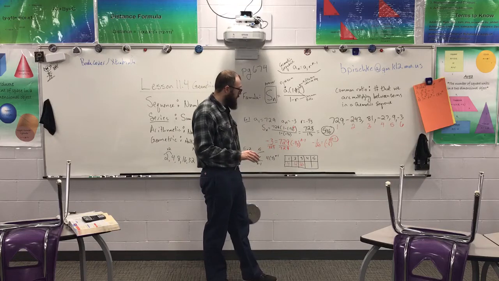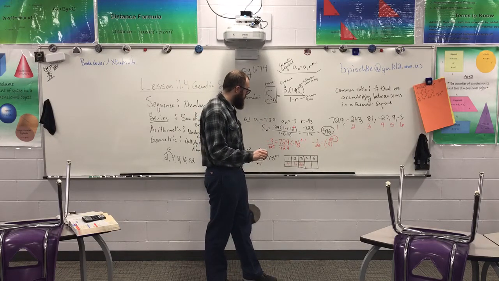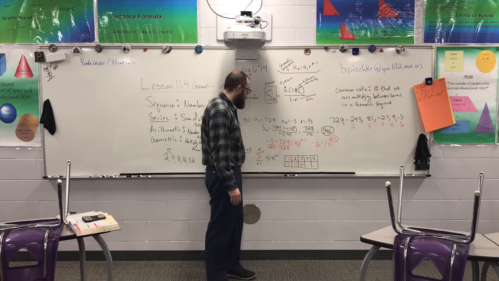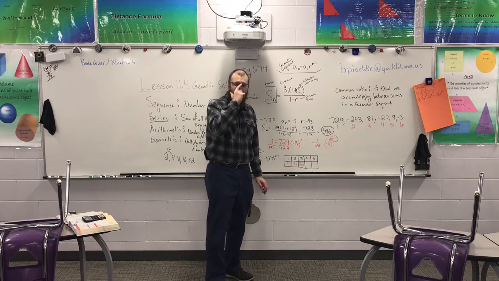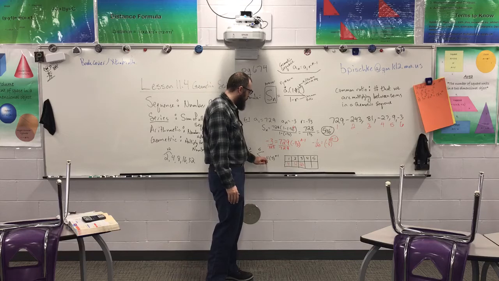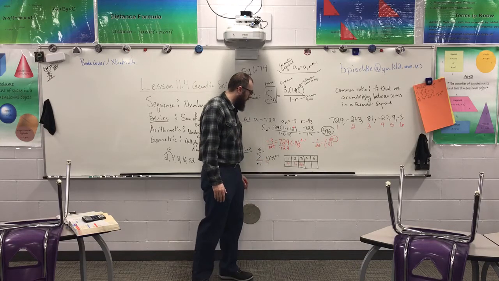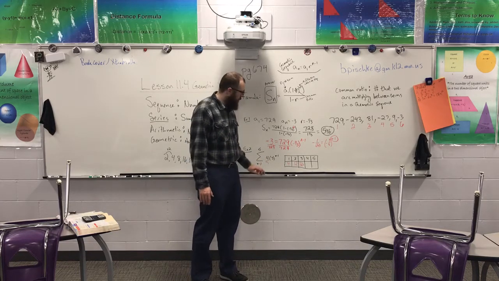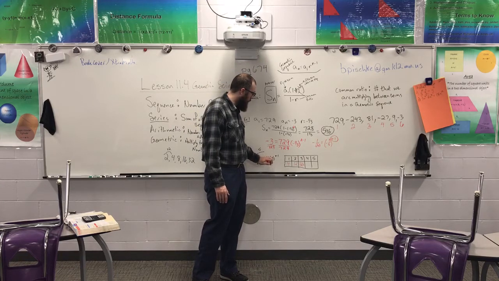So my pattern here is times 3 each time, but my starting value was 1. And that's the key to all of this, that we see that pattern. This number out here will always be a 1. This number in here will always be r.